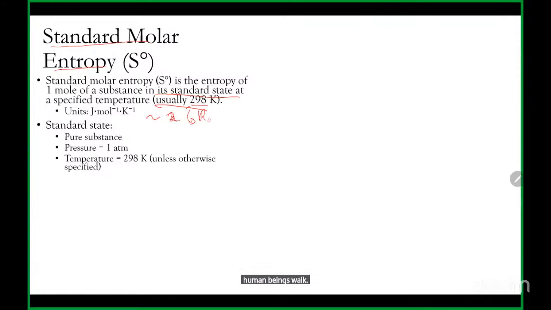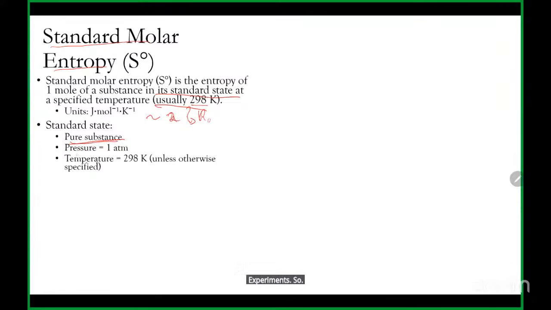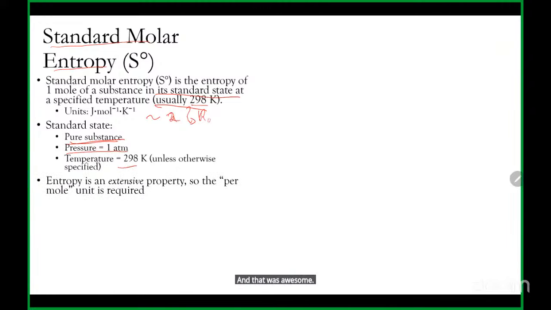I think it's the optimum temperature at which people perform experiments. So standard state is a pure substance at a pressure of 1 bar and about 298 K. Usually the pressure is always set to 1 bar. The temperature can change from time to time.